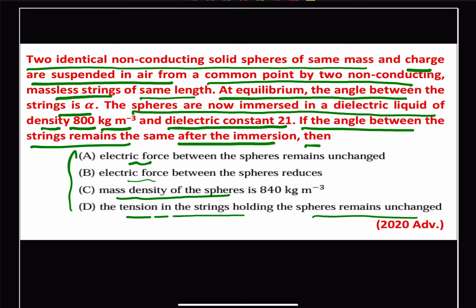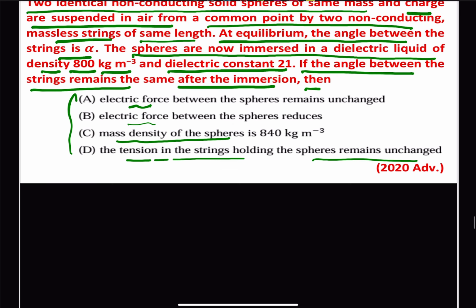Okay. So we can just divide the question into two parts. First, when the entire system is in the air, so we can just draw the figure. Initially suppose this is the mean position and the charges at equilibrium are at an angle of alpha with respect to the vertical. So these are the two charges.